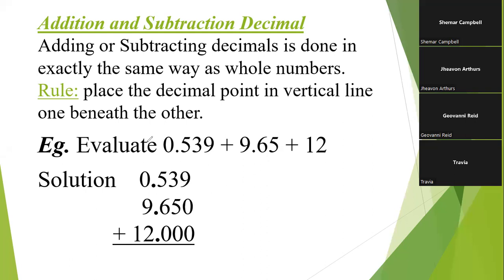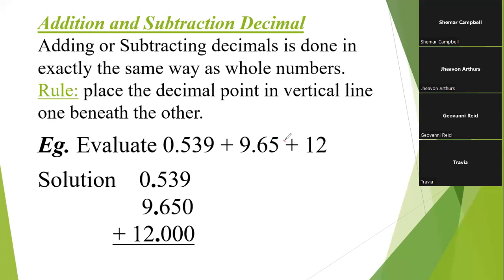So for the first number, which is 0.539, we see that it has 3 digits that come after the point. The second number, which is 9.65, has 2 digits that come after the point. So to make a uniform place value, for the ones that are missing, we add zeros to fill them in.